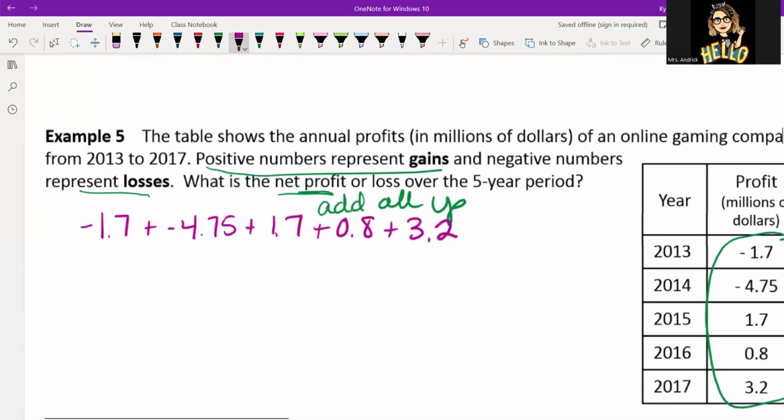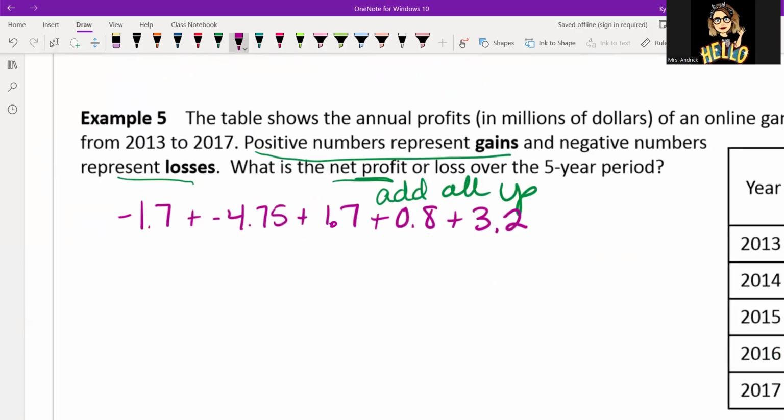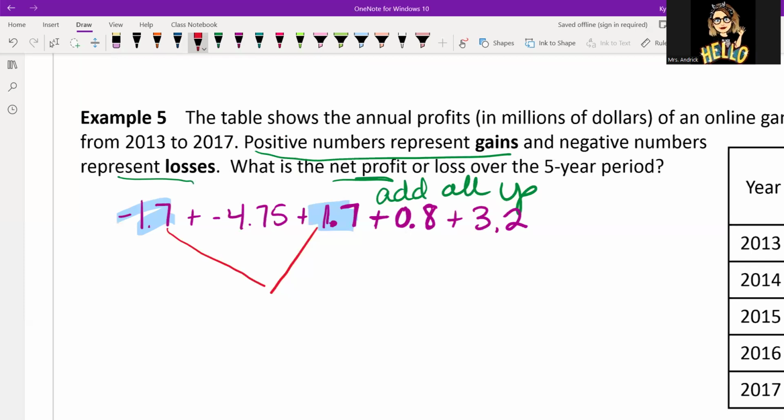Now that we've written them all down, are there any numbers that look similar to each other? I see a negative 1.7 and a positive 1.7. I know that negative 1.7 plus 1.7 becomes 0, so I'm going to make that a 0 and rewrite the rest of this problem.